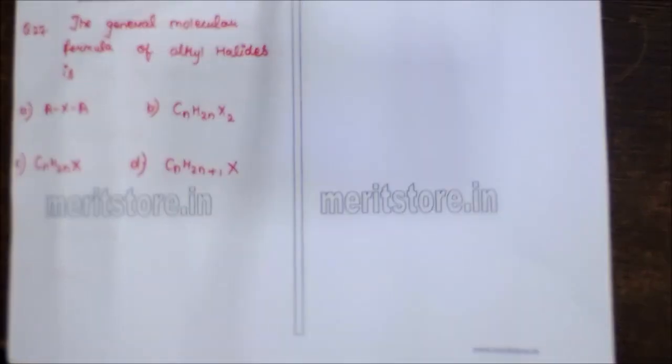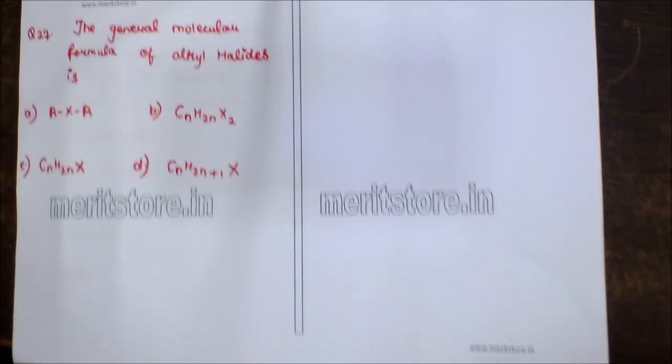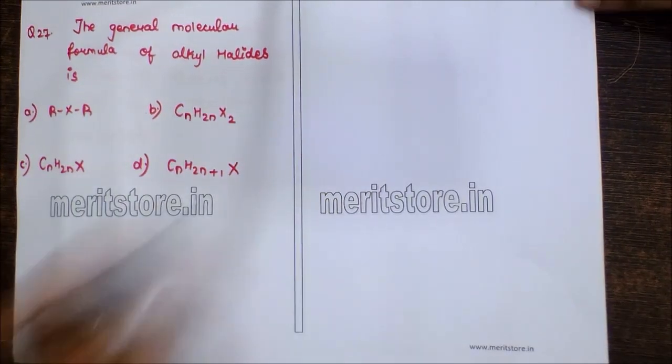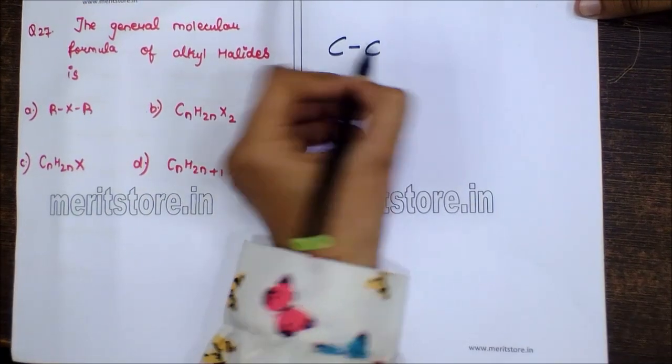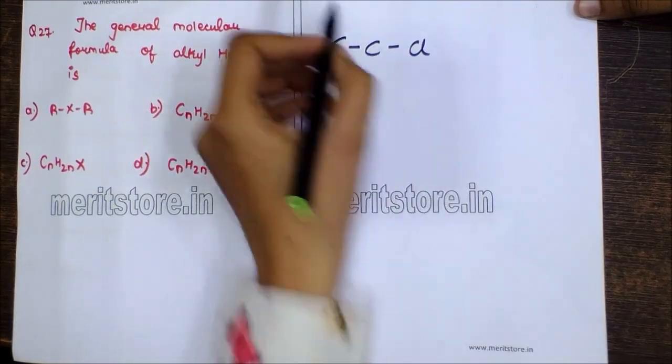Question 27. The general molecular formula of alkyl halides is A. R-X-R, B. CnH2nX2, C. CnH2nX, D. CnH2n+1X. Now let's take an example to solve this. This is my ethyl chloride.